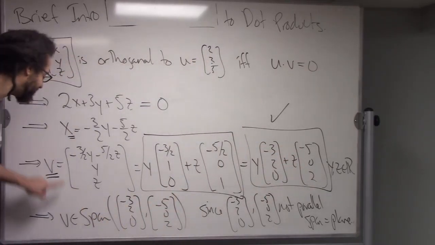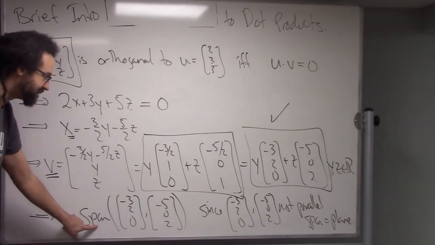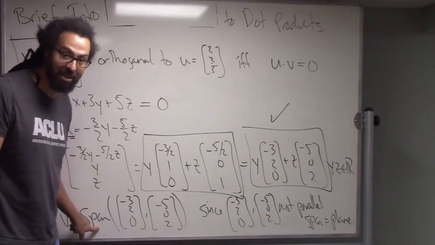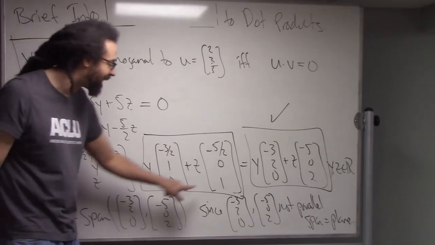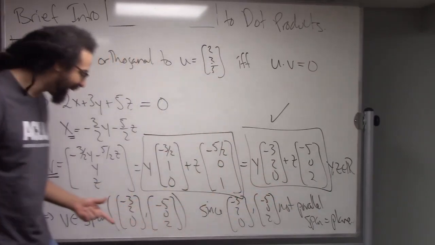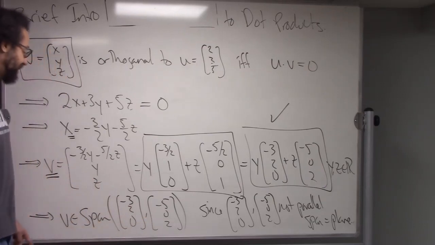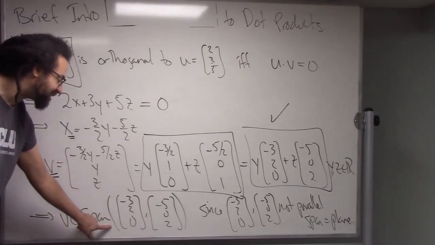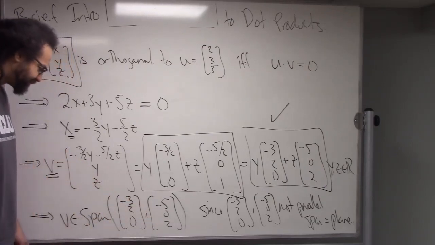So now that means V belongs to the span, right? That's what linear combinations are. If you collect all the linear combinations of these two vectors, that's exactly the span of those two vectors. So now V belongs to the span of these two vectors.